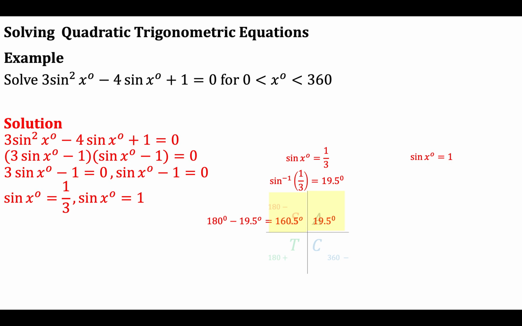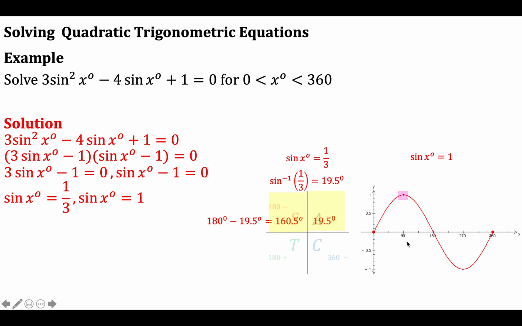Now for the second equation, sin x equals 1. This is one of those occasions where there's an exact value. So just now you should have alarm bells going off in your head thinking, right, what height? 1 is the height of the sine graph. What is the x value when the height is 1? So let's draw a quick sketch of the sine curve. That is where the sine curve is at a height of 1, and we can see that that is at 90 on the x-axis.